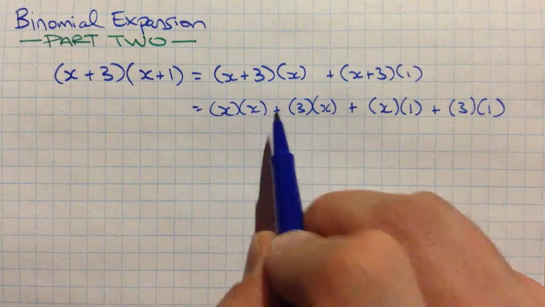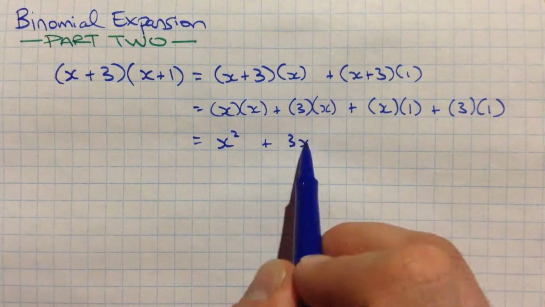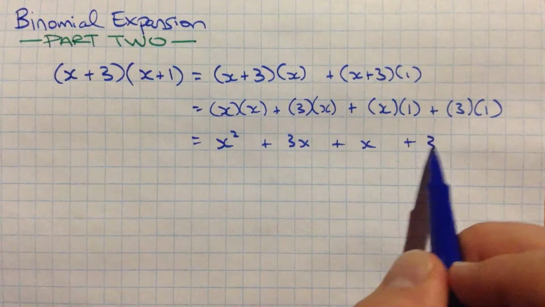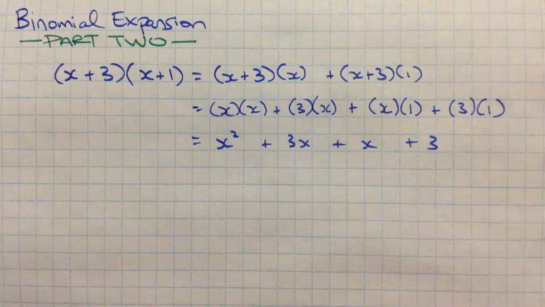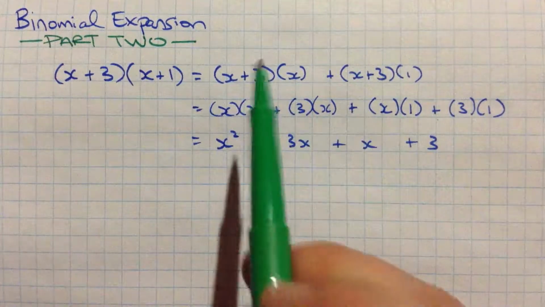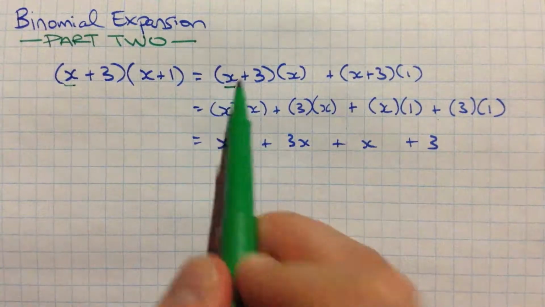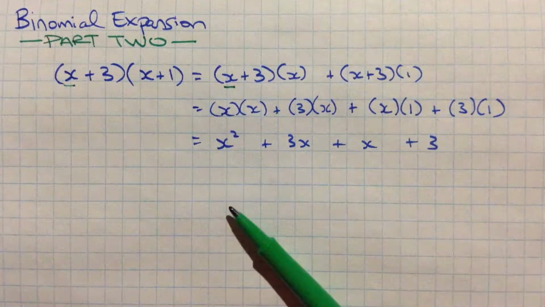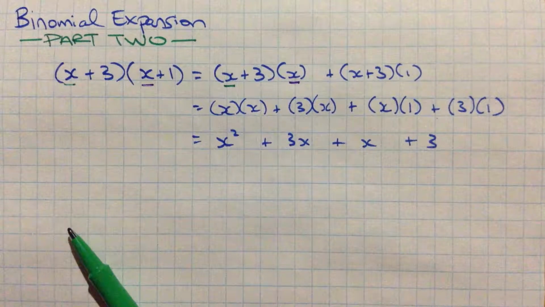Each term is added together, and at the end we have x squared, and then 3x, and then another x, and then 3. And I'm going to leave it there instead of collecting those two terms, because what we're going to notice as we finish this off is that in the end we end up multiplying x here and here times x here and here.